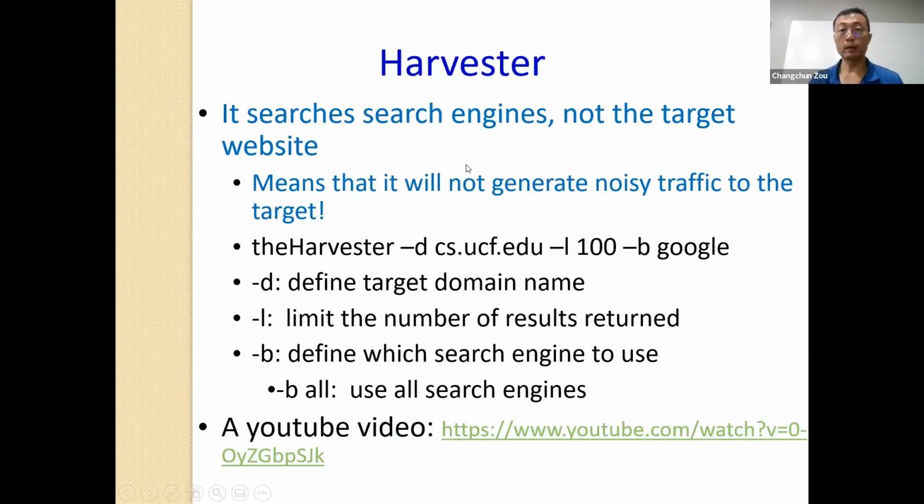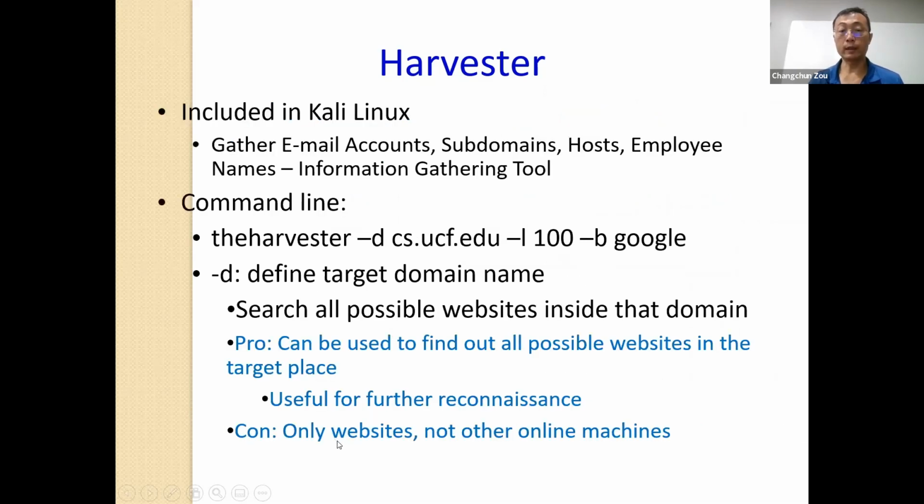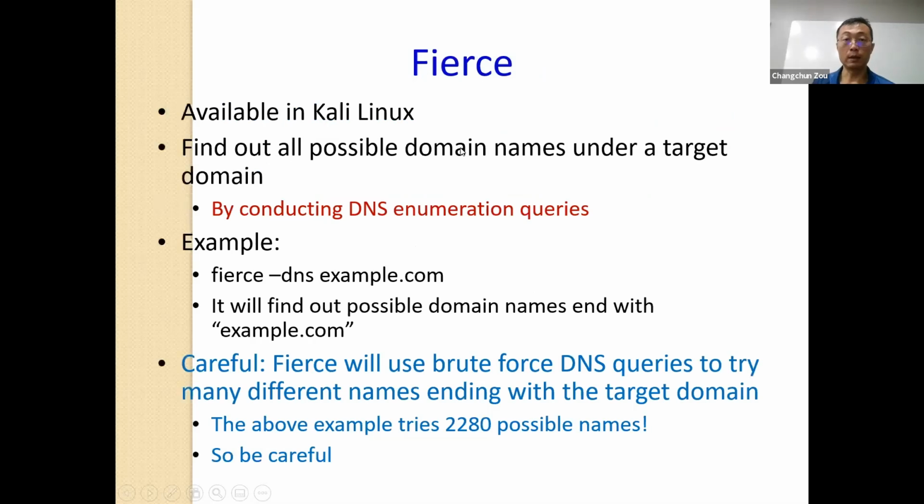It sends query to DNS server to gather the information, and it's all possible domain name, not just the web server. It's not like the Harvester. The Harvester, the problem is that it can only collect information about web server, because it uses search engine. Search engine only collect information about web server. So that's the biggest disadvantage for this kind of tools. On the other hand, this one is all possible domain.